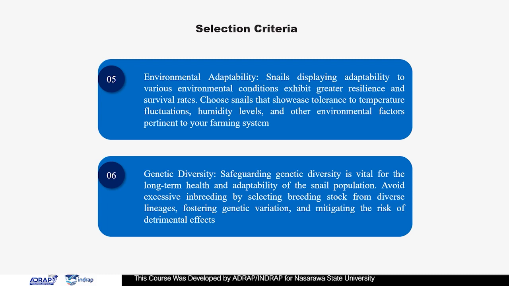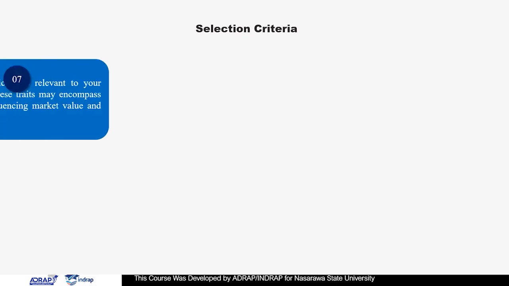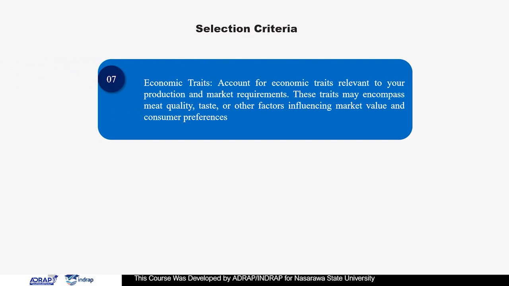Genetic diversity. Safeguarding genetic diversity is vital for the long-term health and adaptability of the snail population. Avoid excessive inbreeding by selecting breeding stock from diverse lineages, fostering genetic variation, and mitigating the risk of detrimental effects. Economic traits. Account for economic traits relevant to your production and market requirements. These traits may encompass meat quality, taste, or other factors influencing market values and consumer preferences.